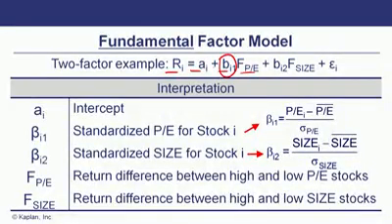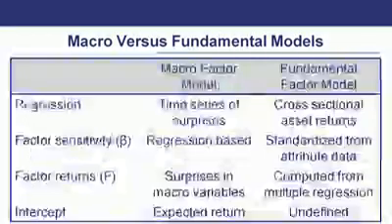So where in this distribution of PE ratios does the company fall? The factor is the influence of having a high or a low PE ratio. Same with size, right? So, the betas here are going to be the standardized scores for our attributes, in this case PE and size, and the returns are going to be the return difference between a high and a low PE firm. So we're just going to take returns and regress them against PE ratios in order to get the factors. So the factors are going to have to be estimated separately is what that's telling us.